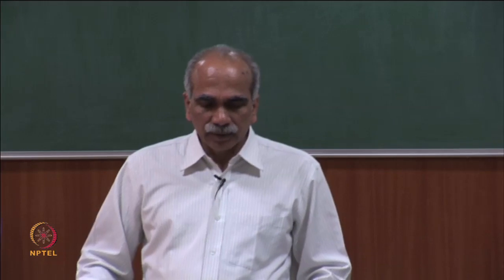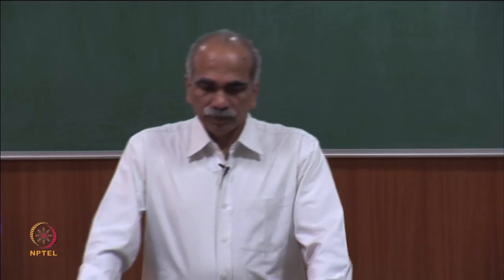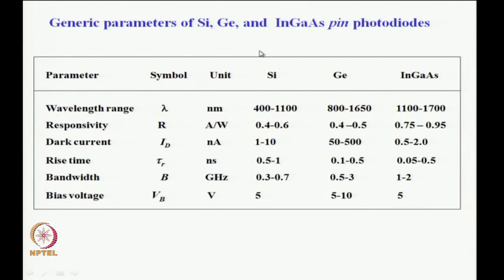So, finally, we come to some generic parameters of silicon, germanium and indium gallium arsenide pin photodiodes. If you take a typical data sheet, this is the kind of numbers that you would see.